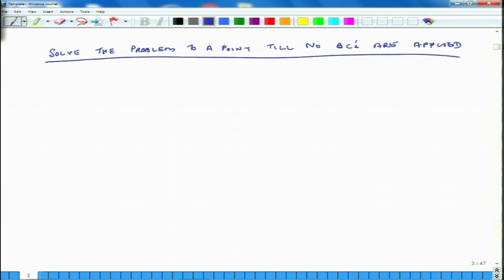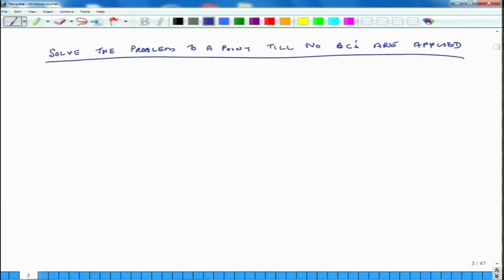First we will start solving this problem till we reach a stage that no boundary conditions are applied. So, till that point the solution will be common, and then the moment we start applying boundary conditions and the values of A, B, D, that solution starts diverging. Okay. So, first we will develop a common solution, and then we will apply the conditions for A matrix, B matrix, D matrix, and also boundary conditions, and in that way we will develop 4 different solutions.